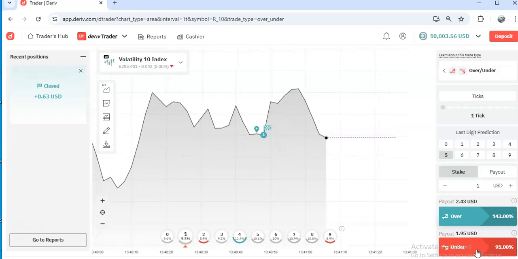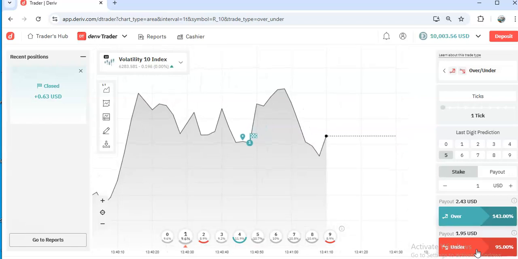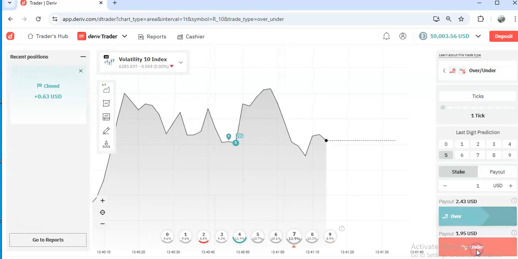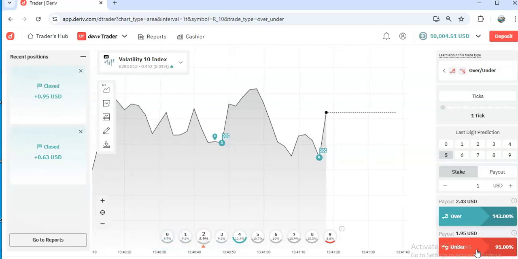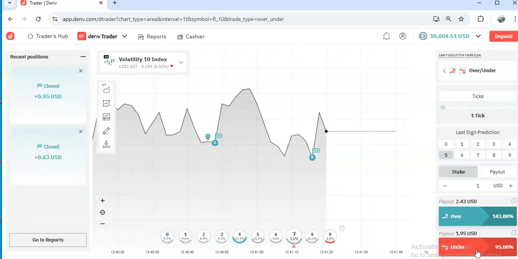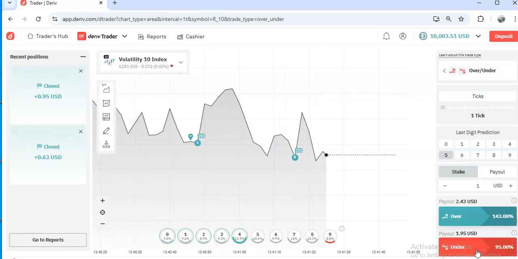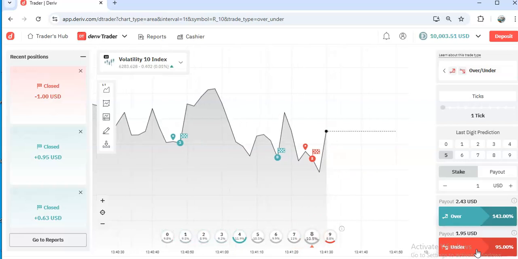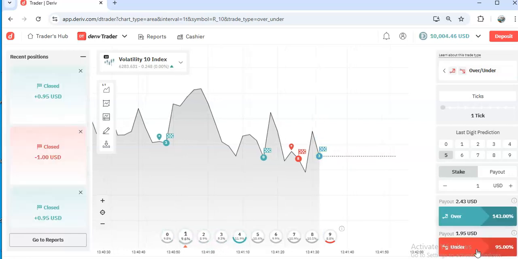We wait again until we see at least 2 consecutive digits on the over side, so that we can trade ADA 5. Let me go with ADA and see. That's a win. Let's take another trade, 7. I'm going with 2 digits to see how it goes. That's a loss. 6, 8. That's a win.